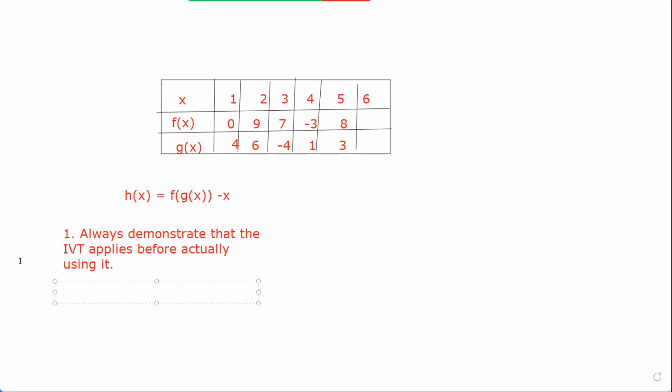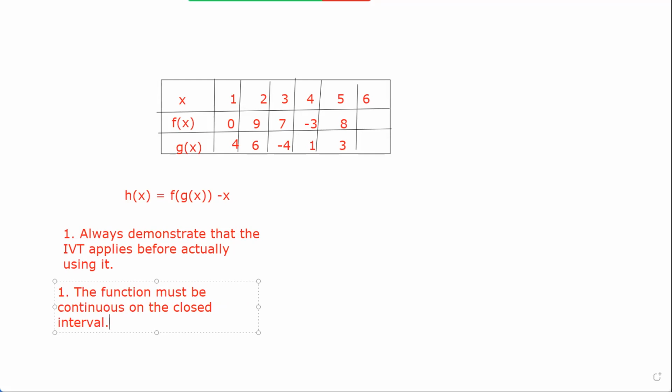The function must be continuous on the closed interval. Okay, so we have to be continuous, right?